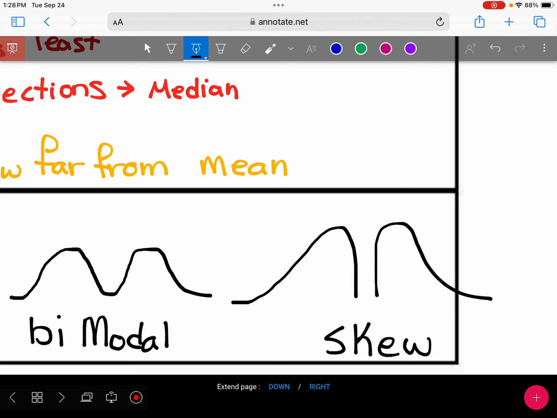And we describe a skew by talking about its tail. So if the tail is on the left-hand side, this one is a skew left, because my tail is on the left. If it's on the right, it's called skew right.